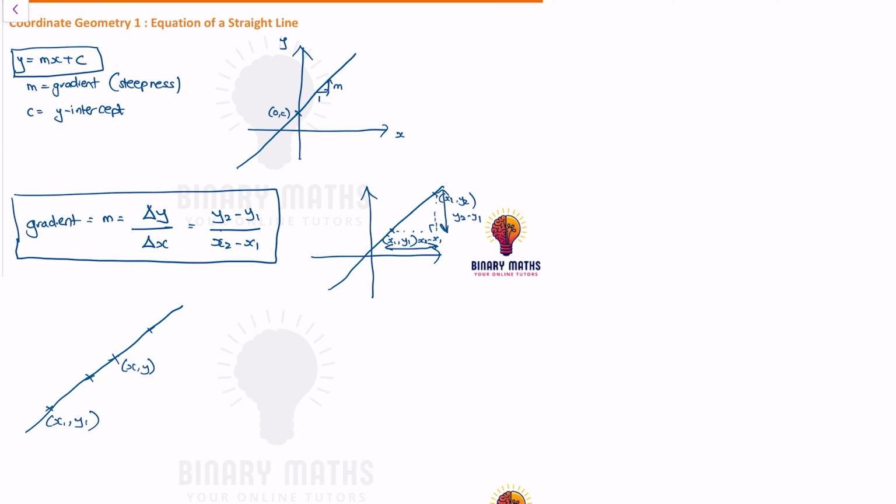Then according to the gradient formula, m will be equal to change in y over change in x, which in this case is y minus y1 over x minus x1, because we've labeled this variable point as x and y. Okay, so we end up getting m is equal to (y minus y1) over (x minus x1).